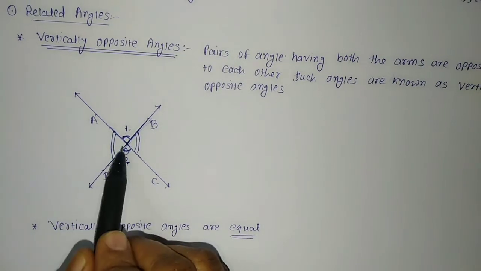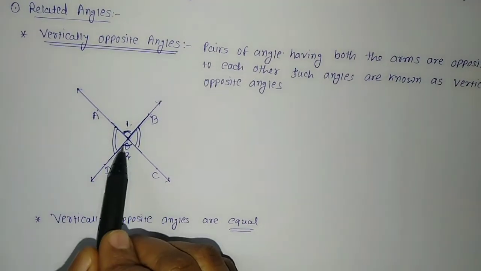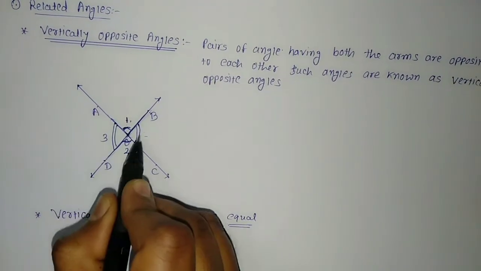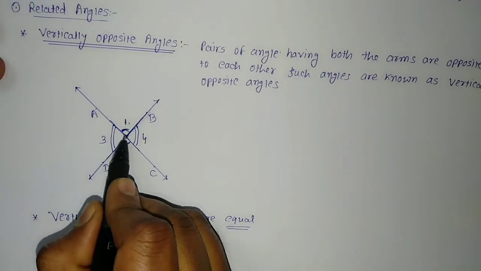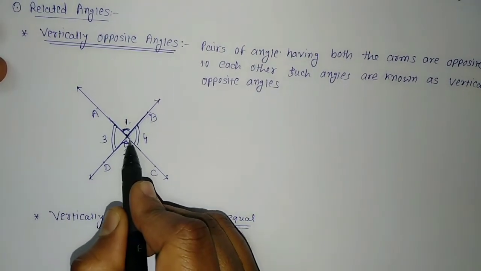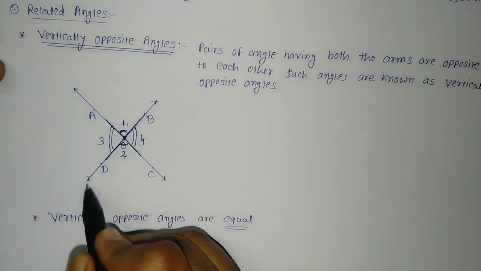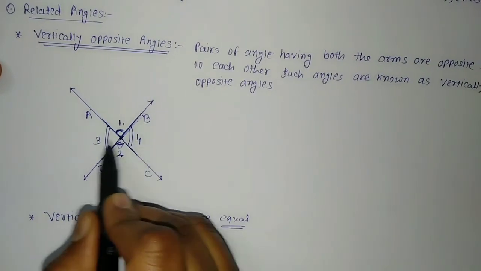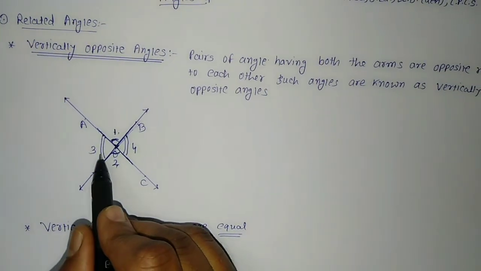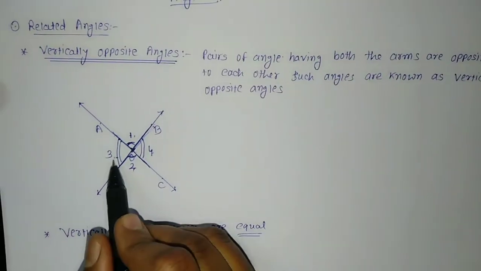Similarly, for this angle, I will give the names 3 and 4. For angle 3, OA, and for angle 4, OC. For angle 3, OD, and for angle 4, OB are opposite rays to each other. So angle 3 and angle 4 are also vertically opposite angles.